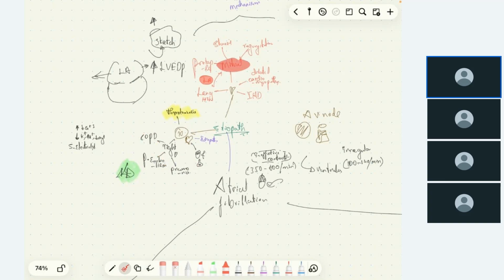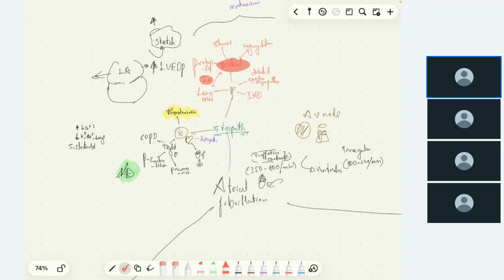Okay. And also, if the patient has taken some drugs, and intake of alcohol is known to precipitate atrial fibrillation. Also, it may be idiopathic. So, cardiac and non-cardiac causes. Under cardiac, we have ischemic heart disease, mitral diseases, and long-standing hypertension.